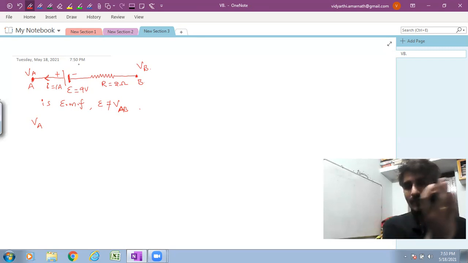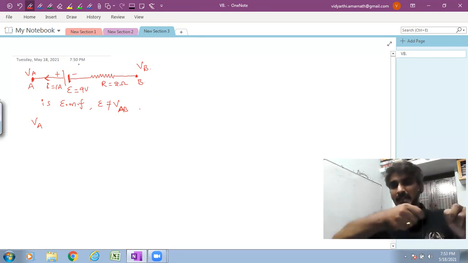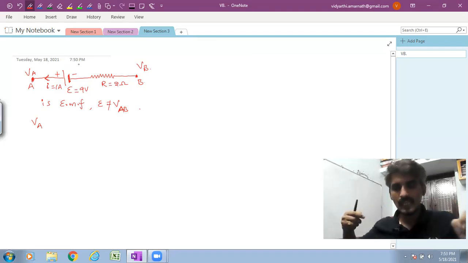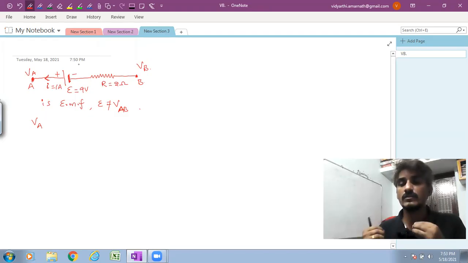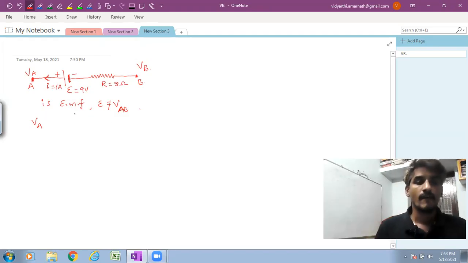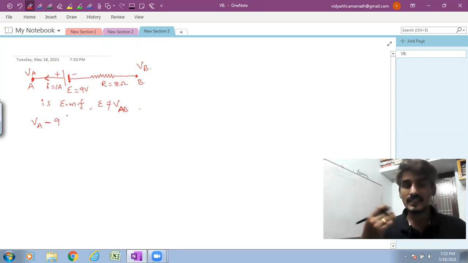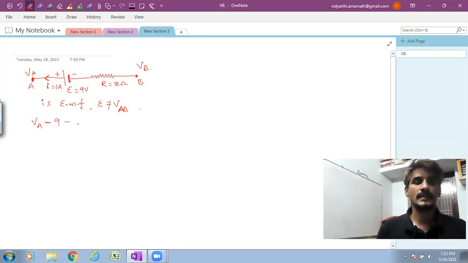Why? Because from negative to positive, we are giving energy; from positive to negative, the electron is losing energy. After it passes through the battery, it loses 9 volts, so minus 9.